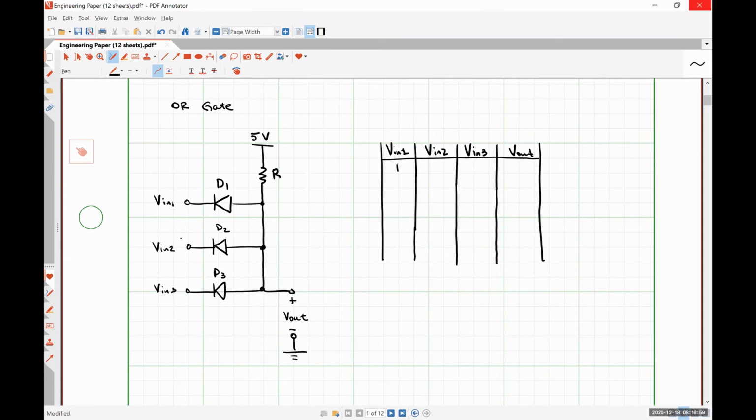Which means current would be able to flow through here. Since there's current flowing through the resistor, the voltage drop at this node would not be 5 volts. And so our output would be 0. Same thing should be for any single diode being on.